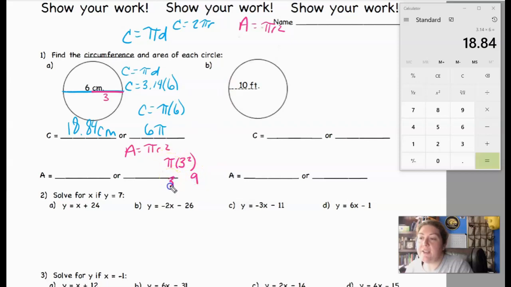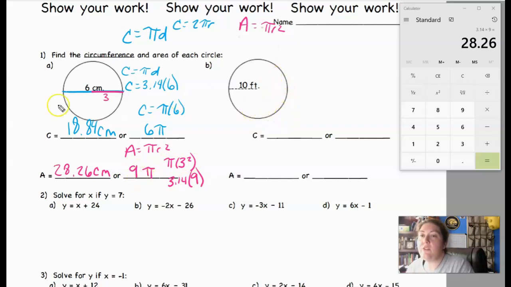I know that pi is 3.14. So using my ultimate cheat tool, my handy dandy calculator, 3.14 times 9 gives me 28.26. 28.26 monkeys? Centimeters. The other way I can do this is when I get to this point right here, I know that 3 squared is 9, so 9 pi. Super lazy, but a-okay answer.